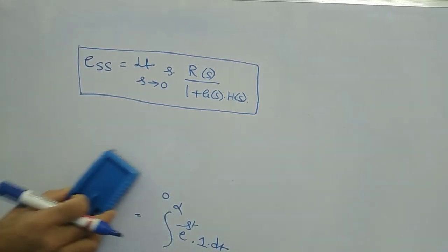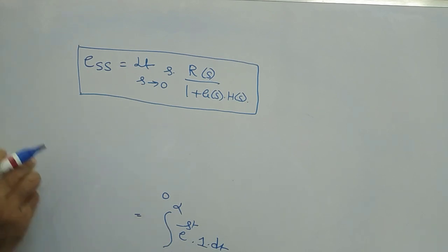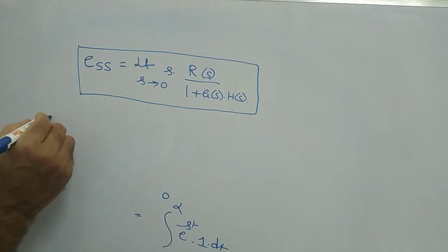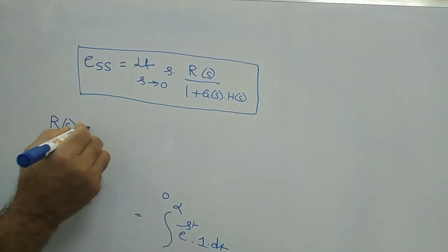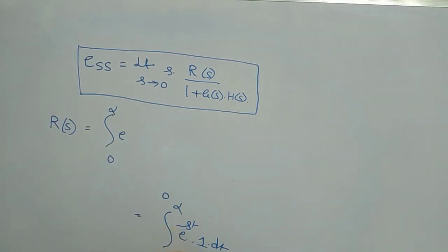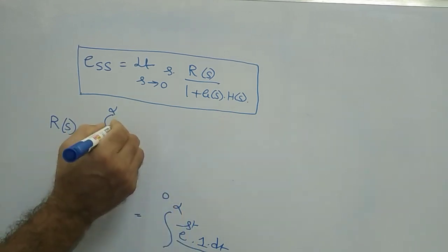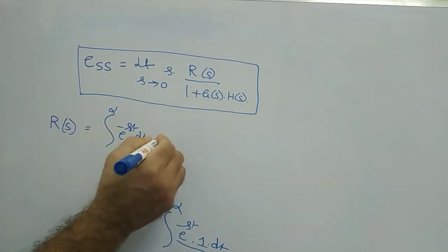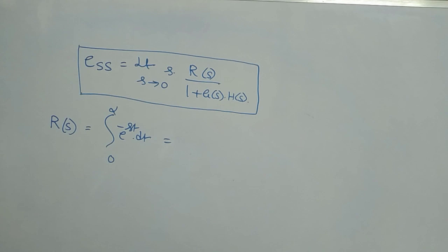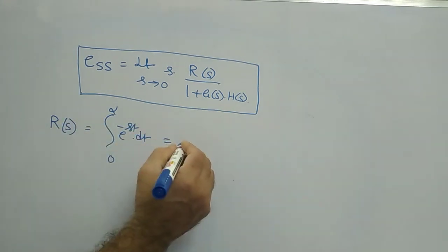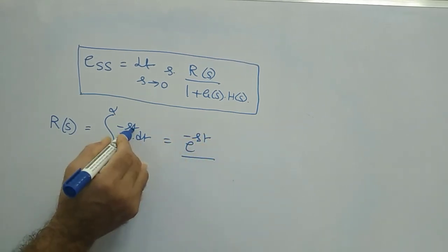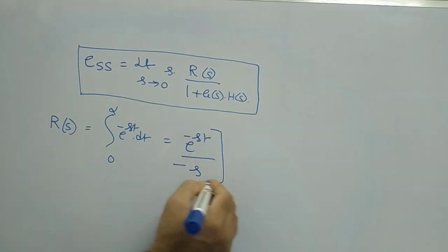L of f(t) that we have just written is nothing but your R(s). So R(s) is equal to the integral from 0 to infinity of e^(-st) into 1, which is e^(-st) only, dt. Further, if you calculate this integration, the integral of e^(-st) with respect to t will have minus s in the denominator.